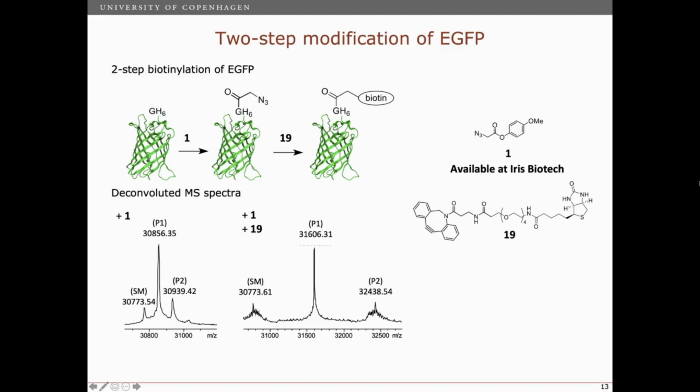We treated it with this reagent here, and then with this strained cyclooctyne. This actually in 2 steps gave a very nice formation of the desired product, which has a biotin group introduced here. And here you see the deconvoluted MS spectra for this.